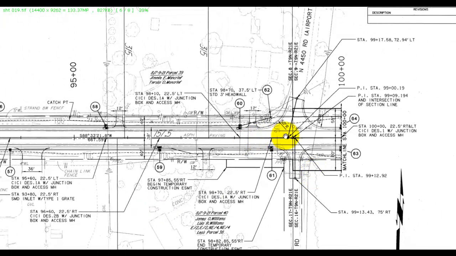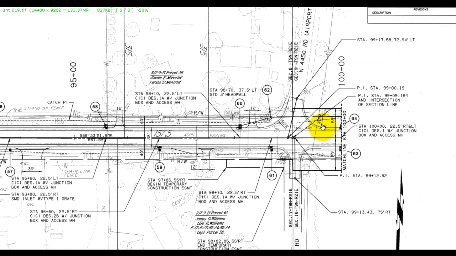And you can see it's towards the end of this alignment at the station 99 plus 09.194 is the intersection of the section line and the center line. This widening occurs, and it becomes 55 feet on the left side of the alignment and 60 feet on the right side of the alignment. Our alignment, as we've drawn it in, actually ends at this point. So we cannot add an alignment widening at the correct station.